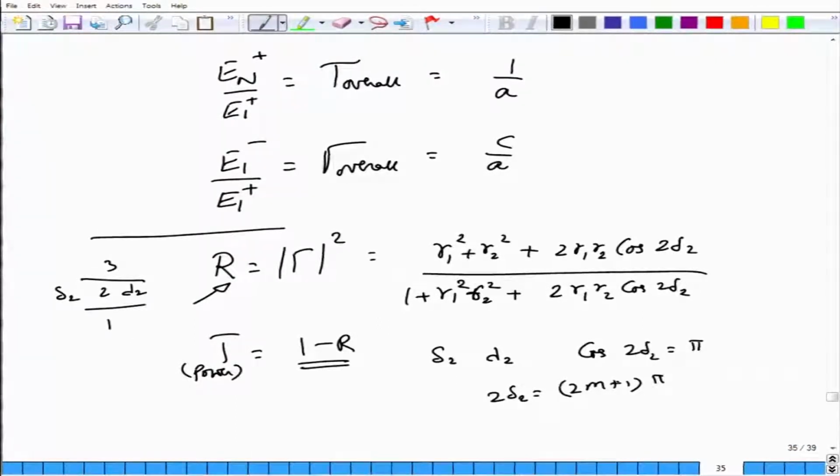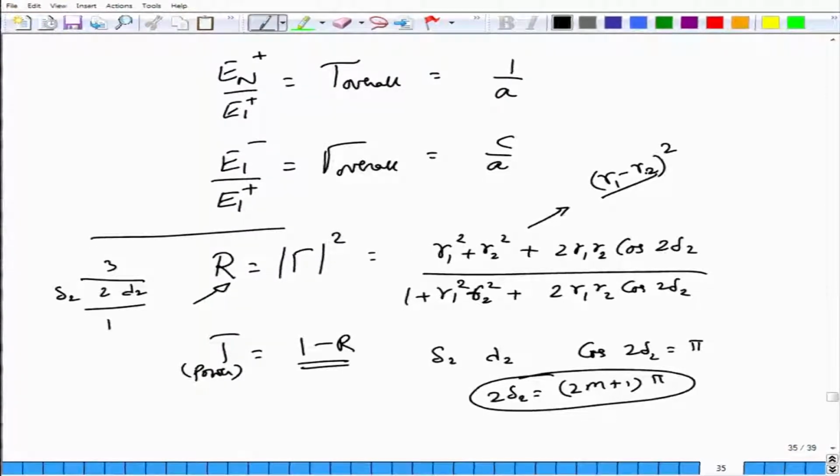Whenever the argument becomes an odd multiple of pi, cos 2 delta 2 becomes minus 1. So, the numerator can be rewritten as (R1 minus R2) whole square, and the denominator can be written as (1 minus R1 R2) whole square. So, this would be the value for power reflected, which is (R1 minus R2) whole square by (1 minus R1 R2) whole square.